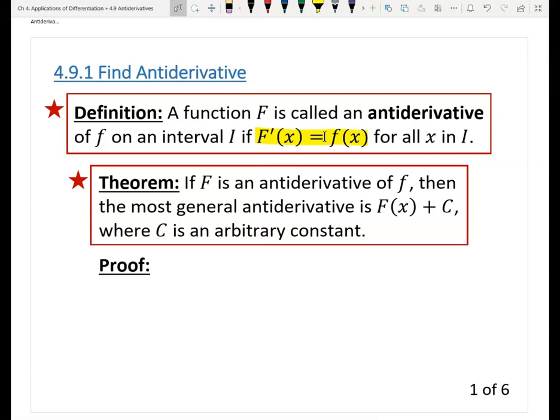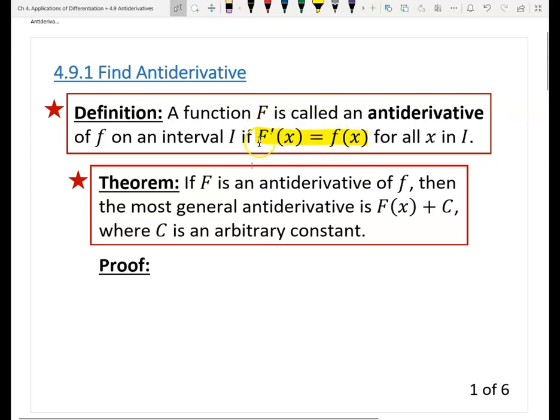Now we have a theorem. This is the most important theorem for antiderivatives. Keep in mind here for antiderivatives we usually use a capital letter to describe. The lowercase f we call the original function.